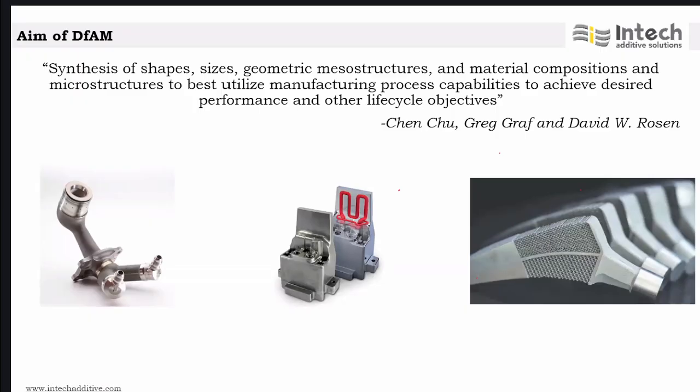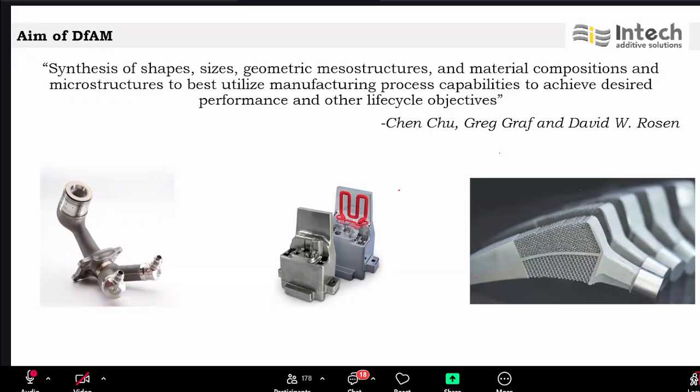From this, what we can infer is that it's about shapes and sizes. It's about every curve, every dimension, every angle being optimized for performance. Additive manufacturing is not constrained by tooling. It's designed for the actual physics.